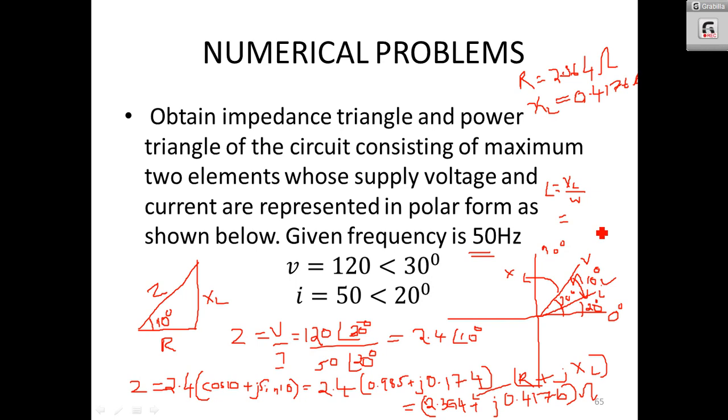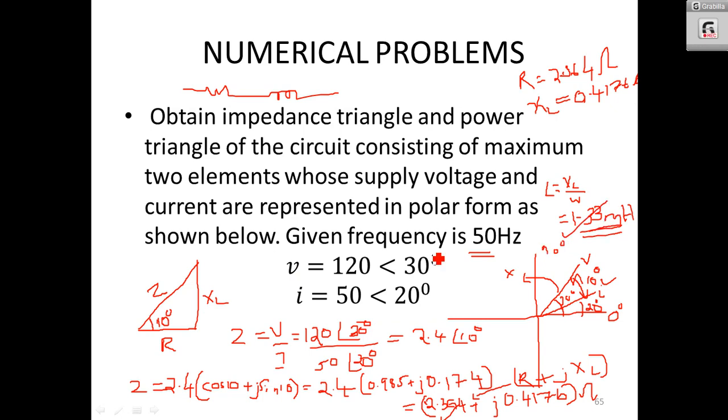So the answer is 1.33 millihenry. Therefore, this question is basically an RL series circuit with the value of resistance as 2.364 ohm and value of inductance as 1.33 millihenry.